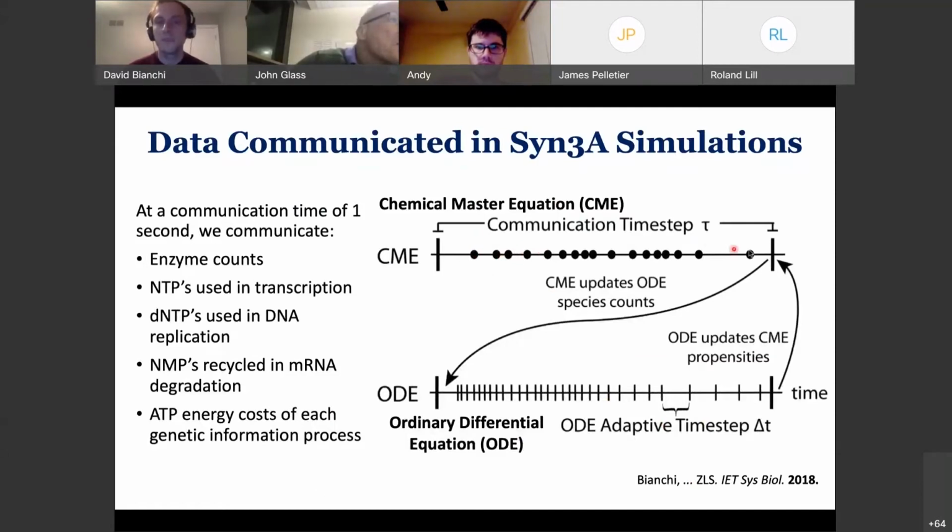After this time step, we'll then update our metabolic simulations, which we just do by simple ODEs with these new enzyme counts, and then simulate this metabolism out for that time step. What this is going to then update in our gene expression reactions is, for example, the amount of NTPs that you might have available for transcription or dNTPs that you have available to replicate the DNA.